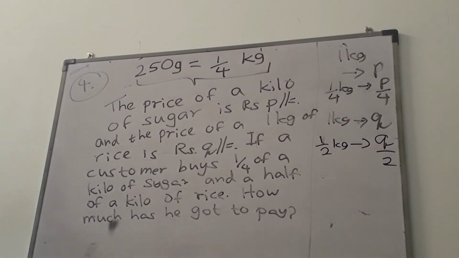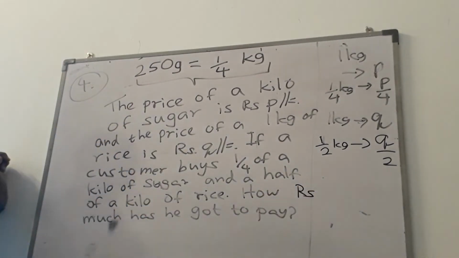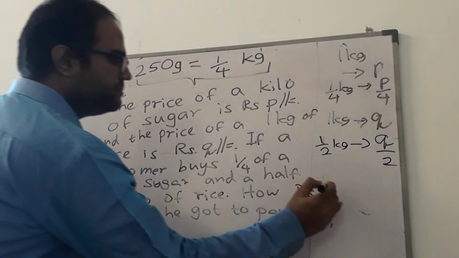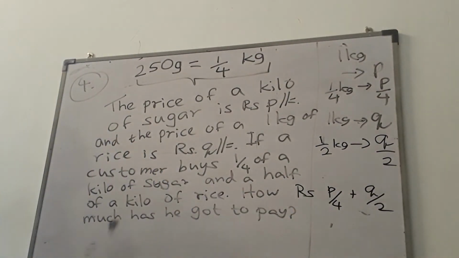So the price of 1/4 of a kilo is P divided by 4, and the price of half a kilo of rice is Q divided by 2. How much has he got to pay? We have to add P divided by 4 and Q divided by 2.